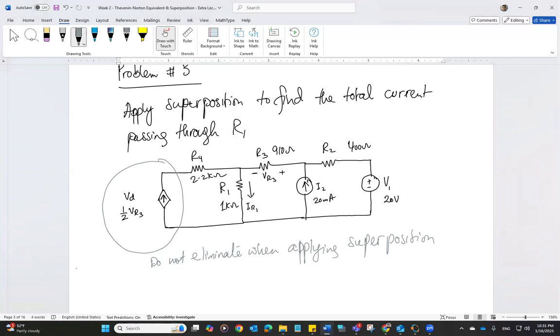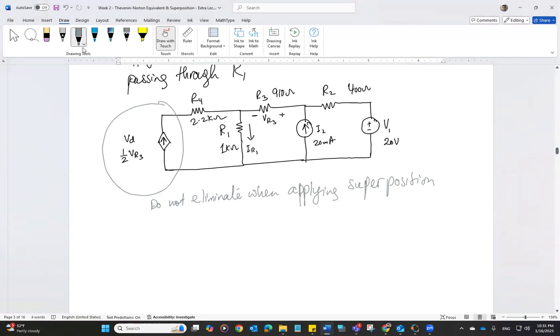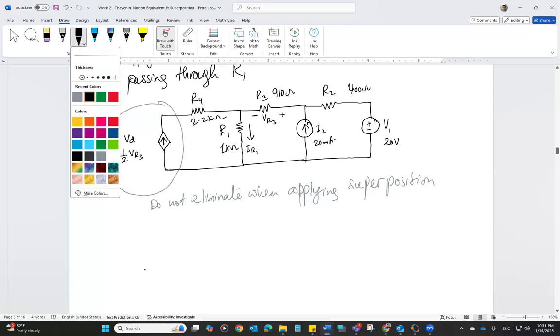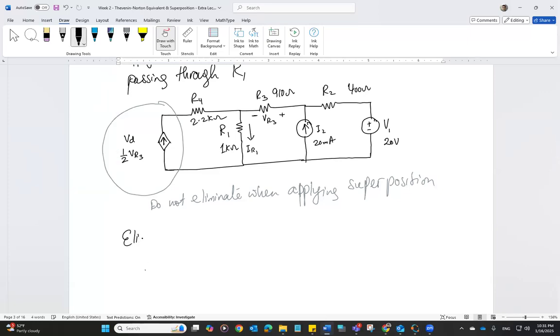So let's go ahead and eliminate only the independent sources. I'm just going to go ahead and eliminate V1 first. That's going to become a short circuit. So eliminating V1.